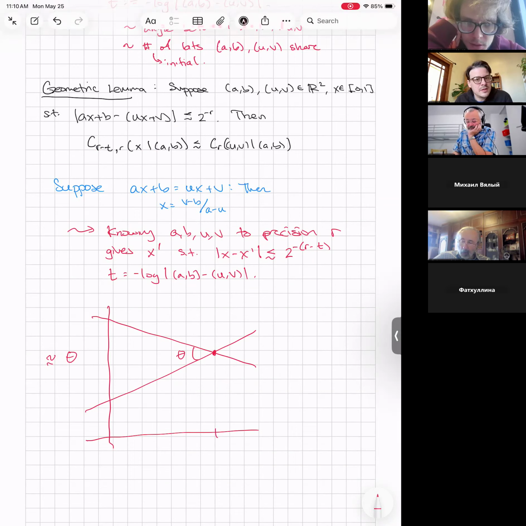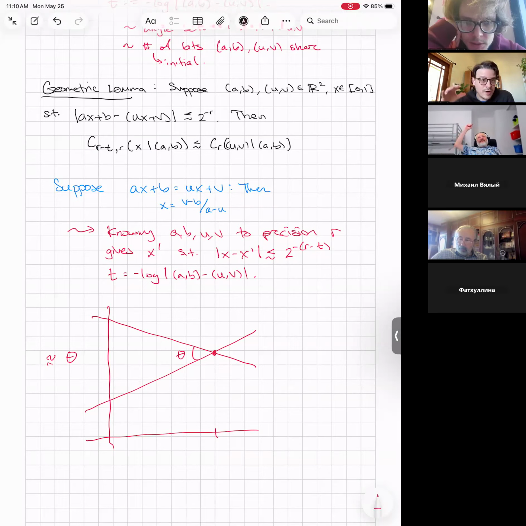Yes, and that's all I'm saying. So the difference between a and b is roughly the same as the difference between u and v. It's the same quantity, up to a multiplicative constant.